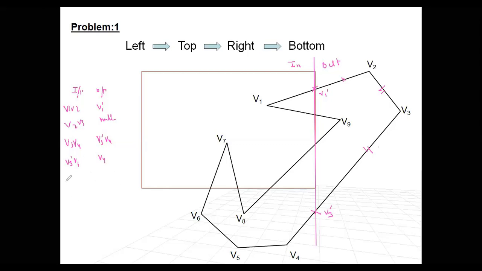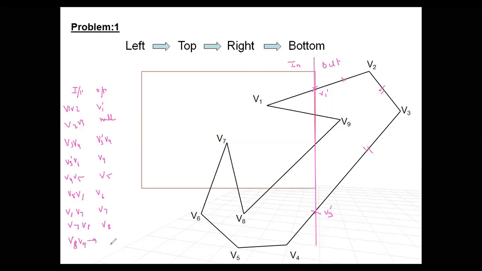And now V4 to V5, V5 will be saved, V5 to V6, V6 will be saved, V6 to V7, V7 will be saved, V7 to V8, V8 will be saved. Now V8 to V9 we are moving.